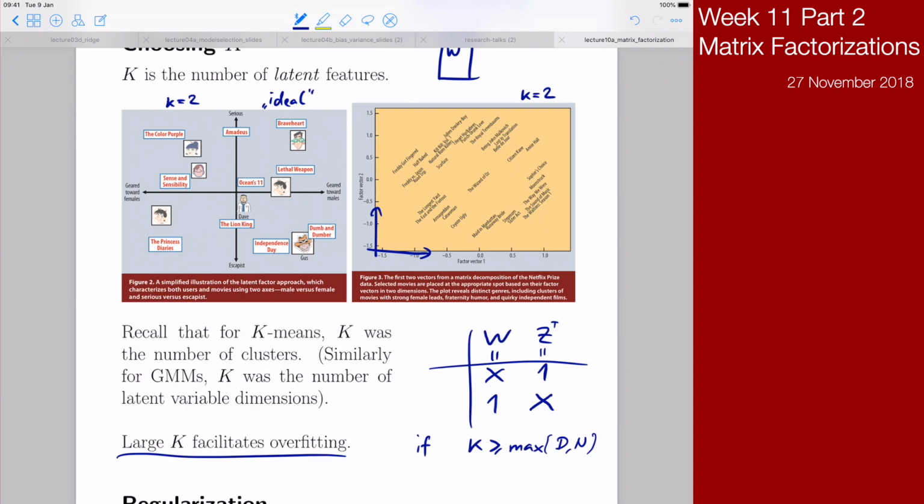So z always needs to be an n by k matrix, and w always needs to be a d by k matrix. So you would choose your w to be the identity of how many movies you have.